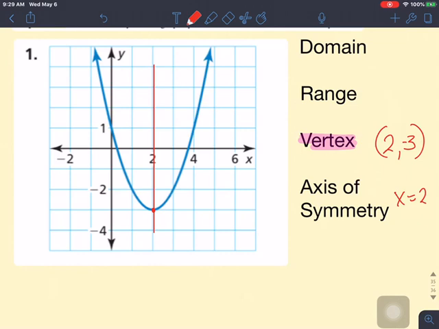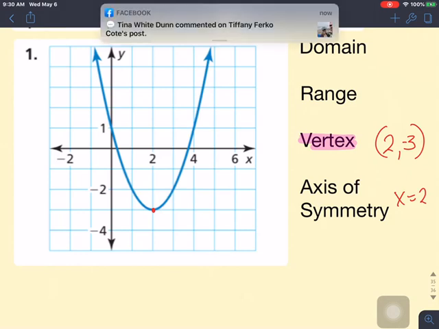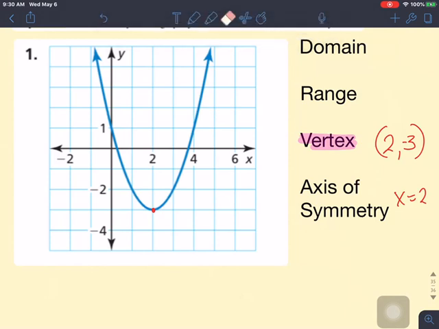Now we're going to talk about the domain and range. I'm glad that we went with the vertex first. The domain and range have everything to do with the vertex. The domain is a way of communicating all the possible inputs into this parabola. What are all the x values that we would find on this graph, or that are possible in this particular situation?